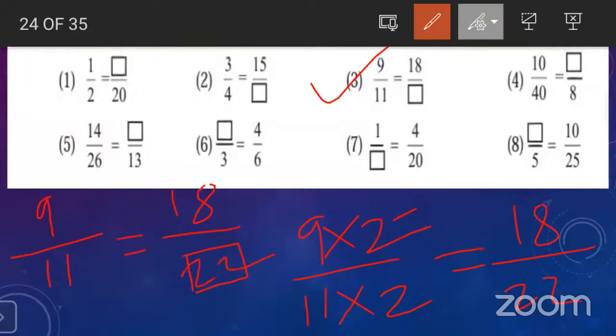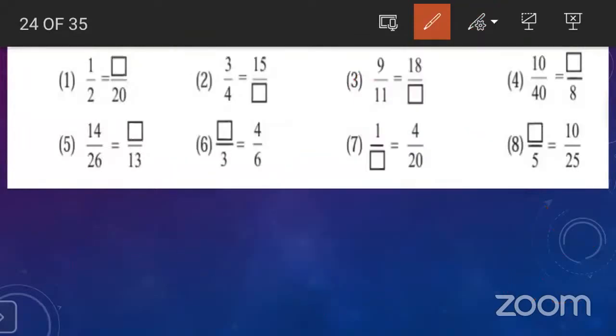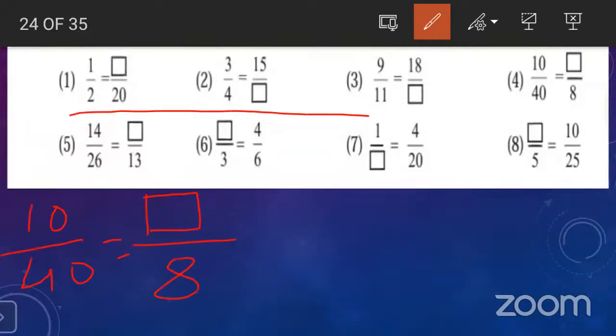Yes. Look at example number 4. 10 upon 40 is equal to an empty box as the numerator, and the denominator is 8. What is the difference between this and the 3 examples which we solved by multiplying the numerator and denominator? Here, this is an example of division.